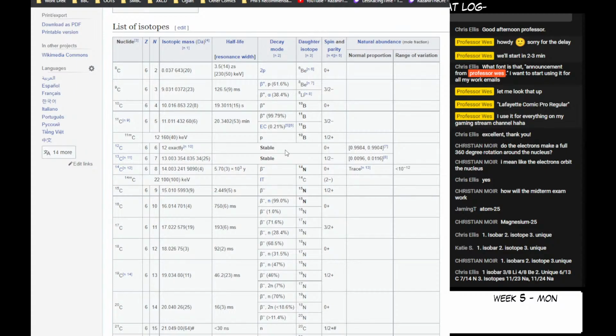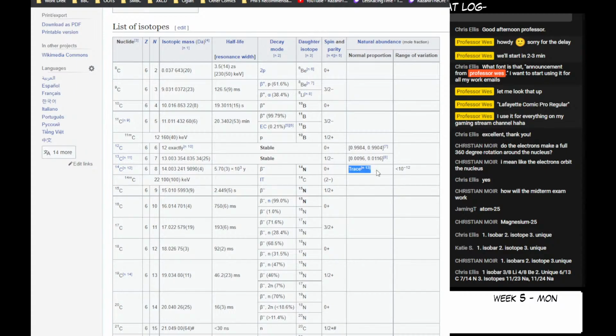Now, only stable isotopes can be observed as abundant in the environment. And so that's what this column is for, normal proportion. This is saying out of 100% carbon, 99.84% of it is carbon-12. And then out of 100%, 0.96% is carbon-13.